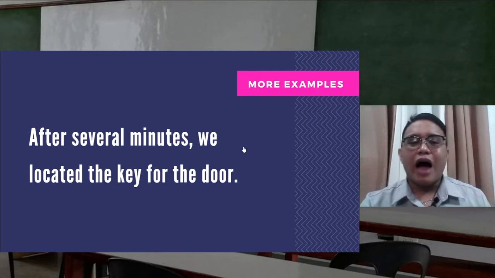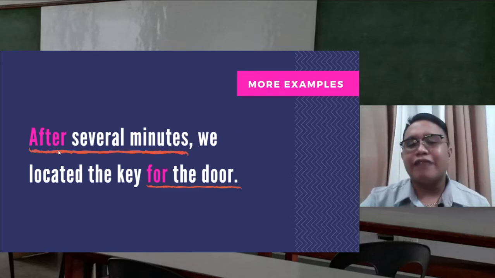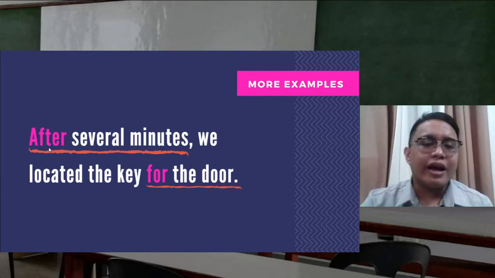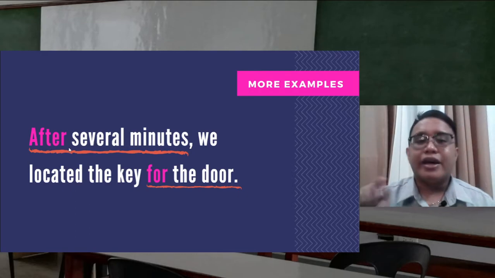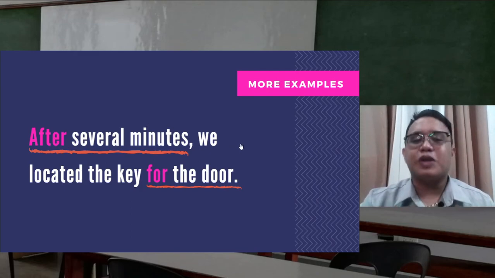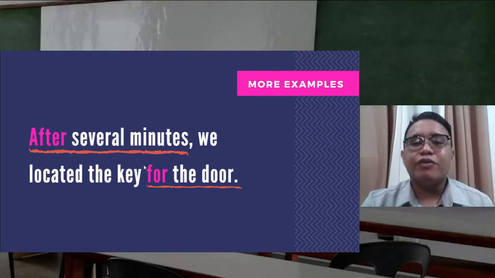So in that sentence, the first noun after each preposition is our object of the preposition, and the entire red-lined part is our prepositional phrase. Same with for the door, located the key for the door. This is our prepositional phrase.